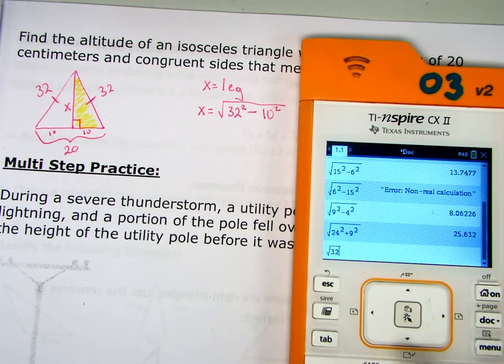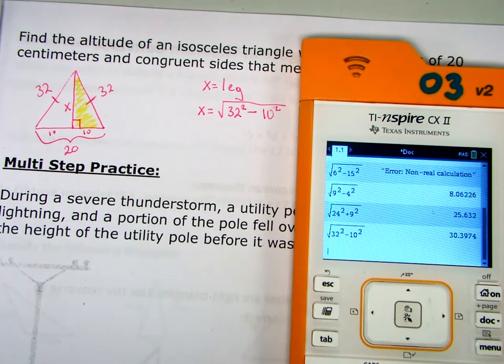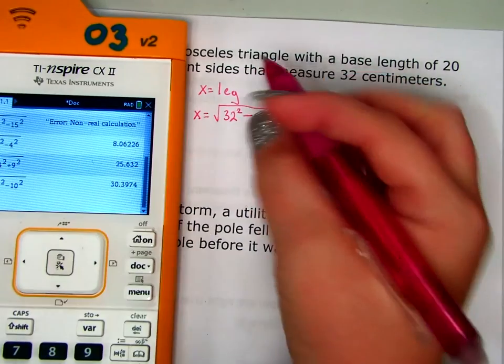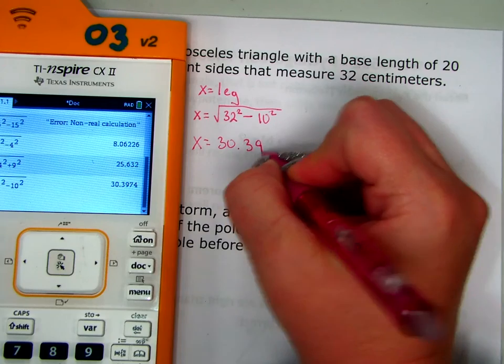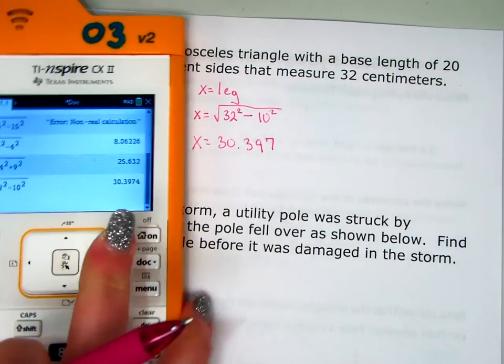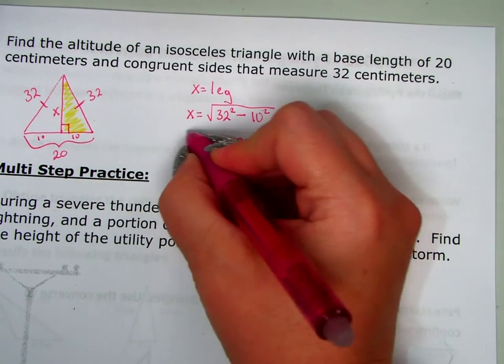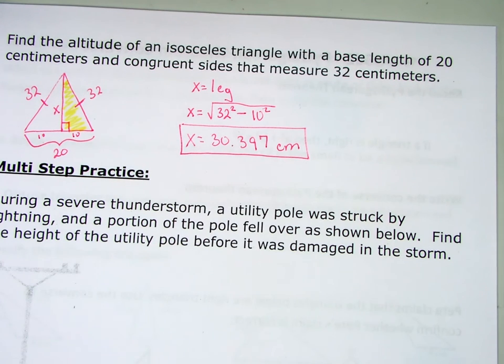So in my calculator, the square root of 32 squared minus 10 squared is 30.397, because the 4 doesn't have to bump up. It only bumps up with a 5 or more. So x equals 30.397. I know my units here. What are my units? Centimeters. Anytime you know the units, you should write them.